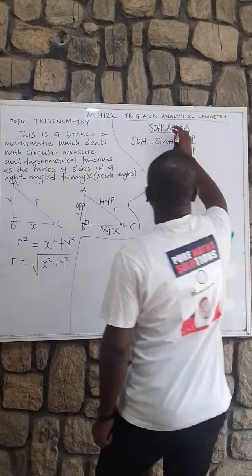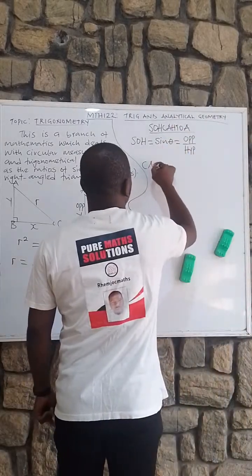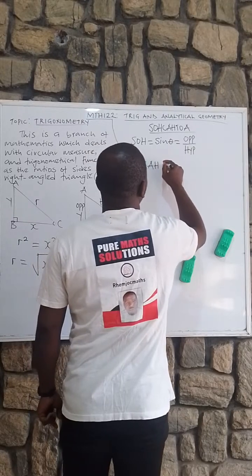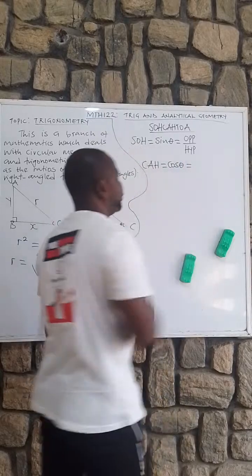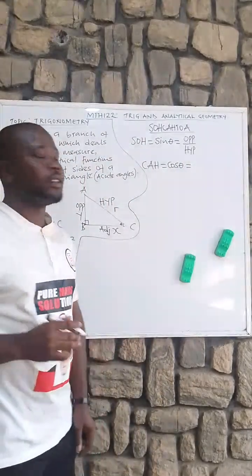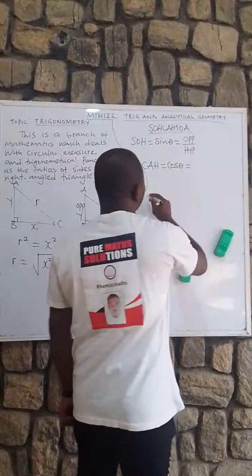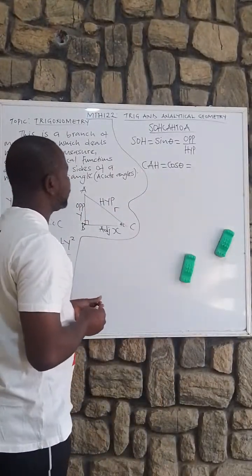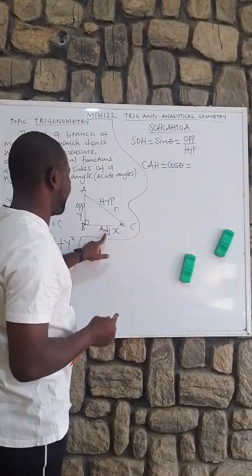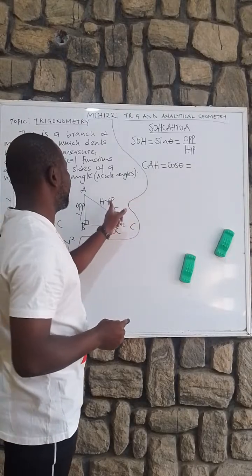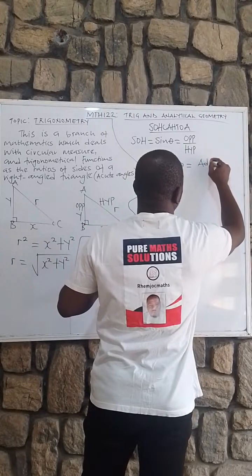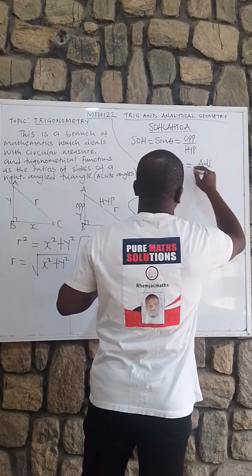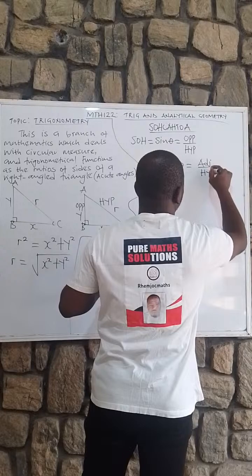Then CAH means cos theta. Is that clear? Take note, please. CAH means cos theta. So look at it here. A means adjacent. Then H means hypotenuse. So adjacent all over what? Hypotenuse. Okay.